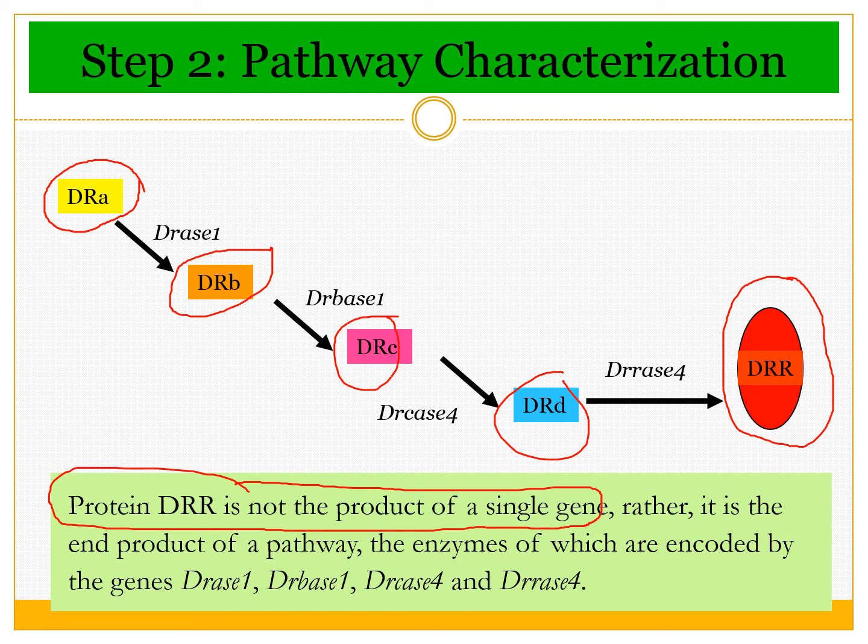So each step of this pathway is basically catalyzed by one gene. Okay. So we have 1, 2, 3, and 4 genes. These 4 genes work on the subsequent substrates to result in this product.